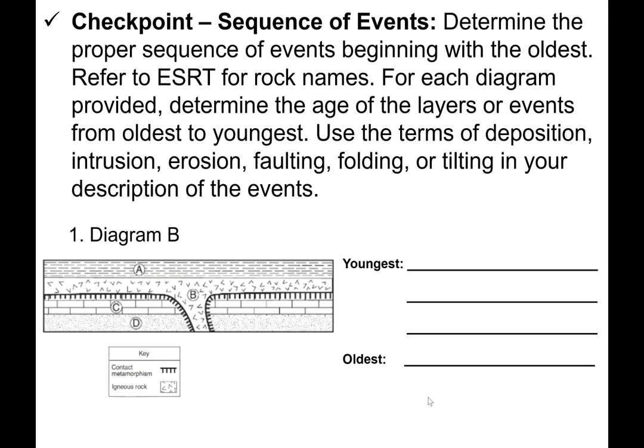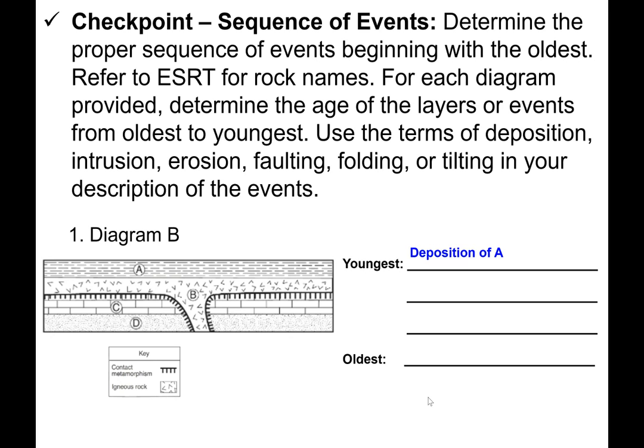Now, when you did this, our youngest is going to be on the top, our oldest is going to be at the bottom. The only problem here is that we see an igneous intrusion, which is B, and we only have contact metamorphism on one side. So we had to look back at our contact metamorphism with the igneous intrusion to determine which was older or younger, B or A. Because there's no contact metamorphism between A and B, A must be younger.